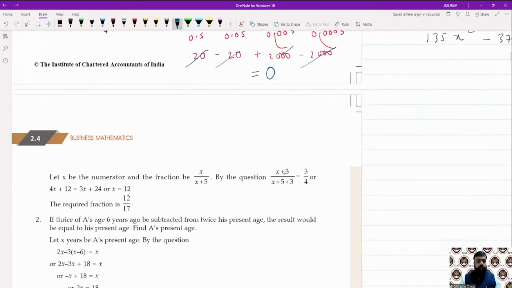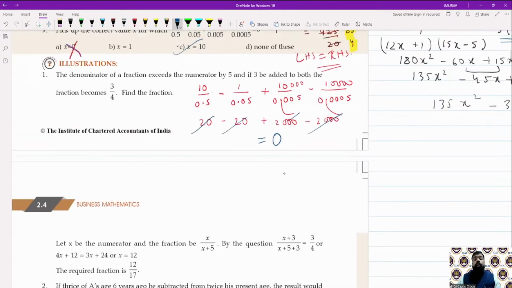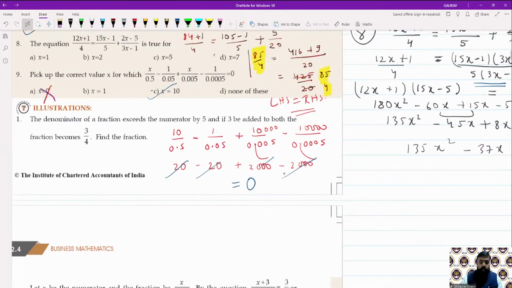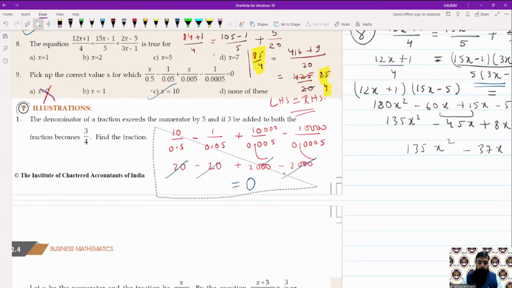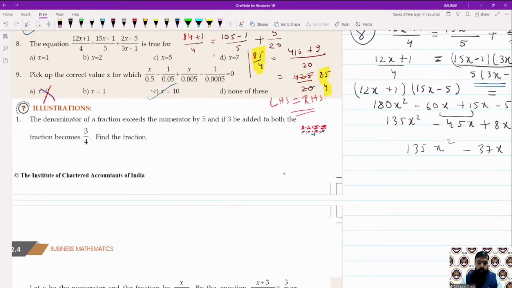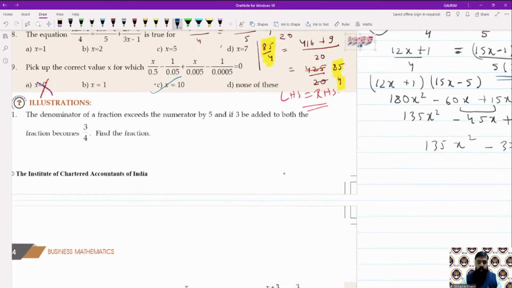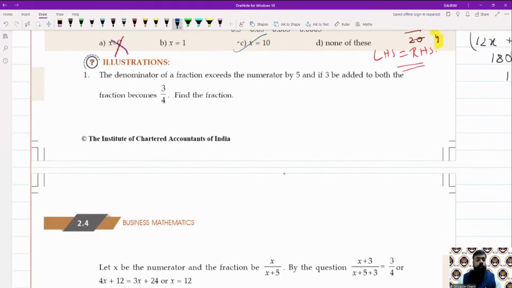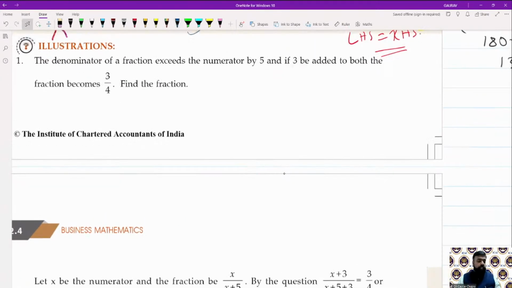So now let us try the next exercise, illustration number 1. Let us make some space here. Illustration number 1: the denominator of a fraction exceeds the numerator by 5.